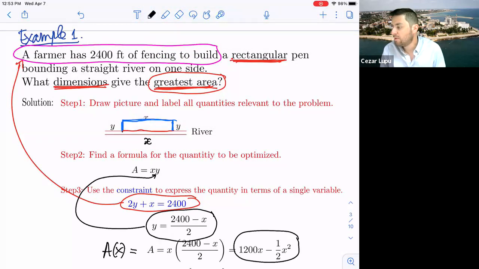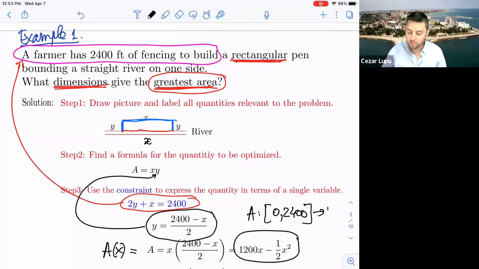But first, we need to see what the domain of this function is. This is important. So where is this function defined? A takes values from 0 to 2,400, real values.